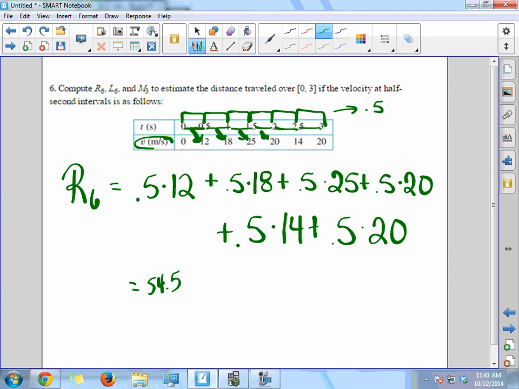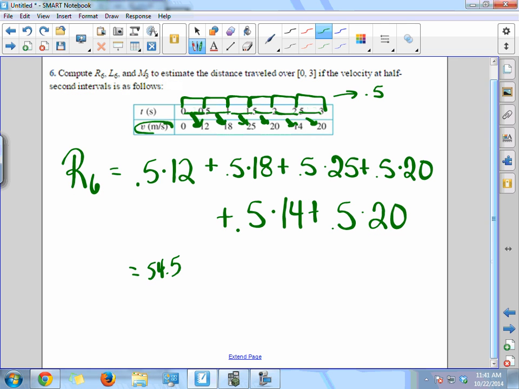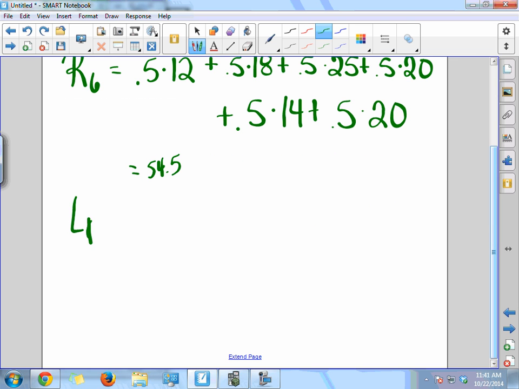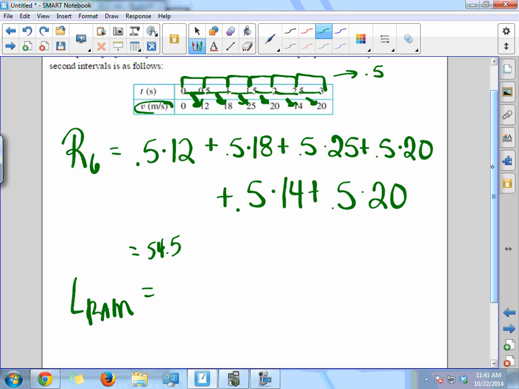All right, so right, you see on the green how every time I calculate that area, or the width times the height, my height is going to be the one on the right side. So when I do my LRAM, or my left approximation, I'm going to use the height on the left side. So my first interval is going to be of width 0.5, but now I'm going to multiply it by that one right there. So I'm going to use the left point of the interval.